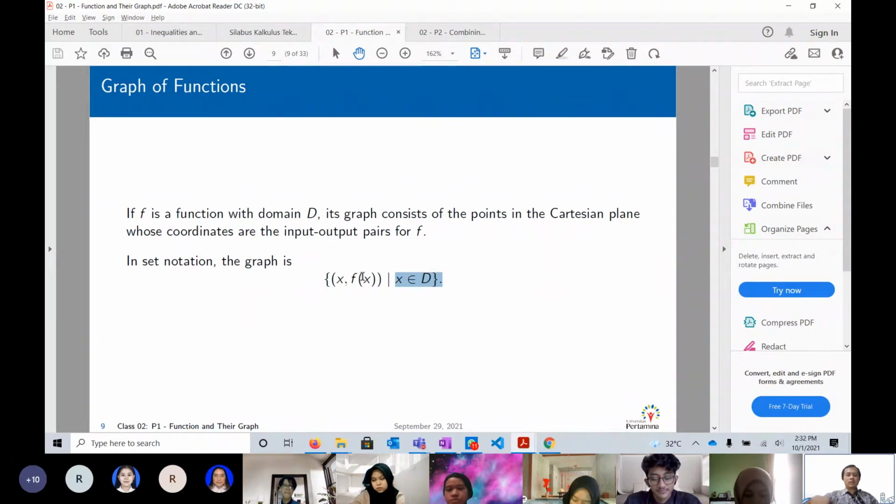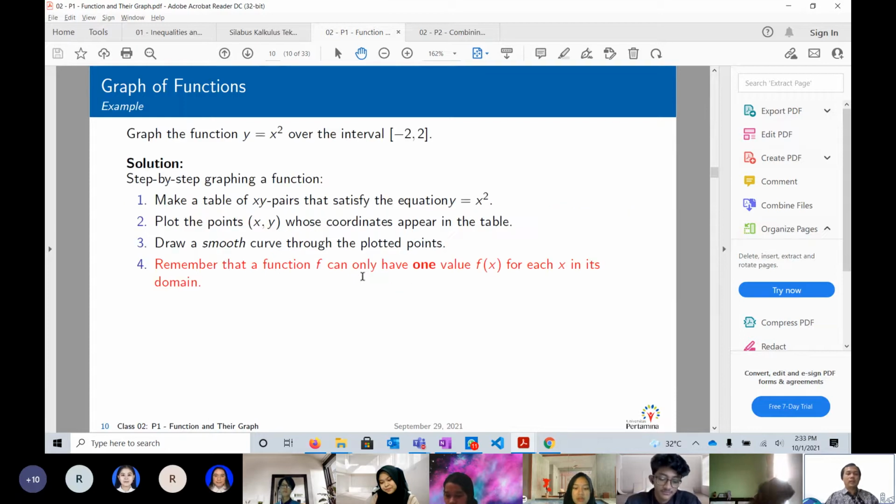When we have all the points, we can draw the graph over the Cartesian plane. That's the formal definition. But I think it is not hard to understand because you already know how to draw the graph of a function from your high school period. So now we just go straight to the example.